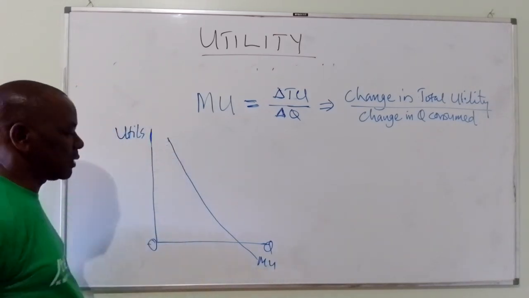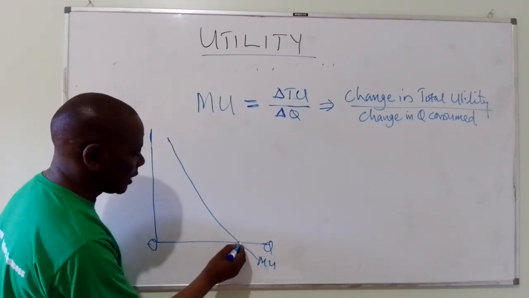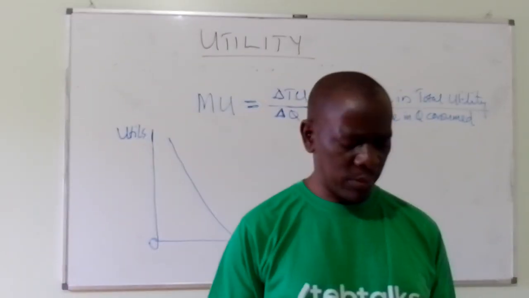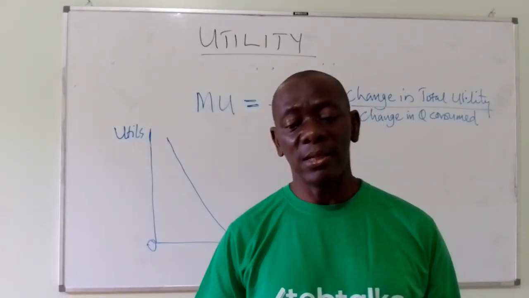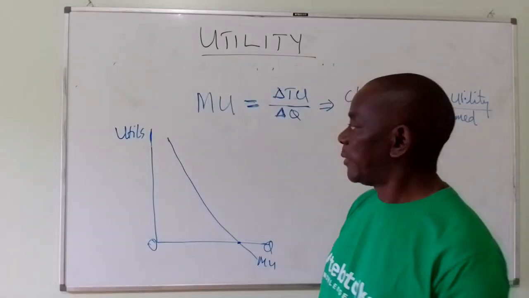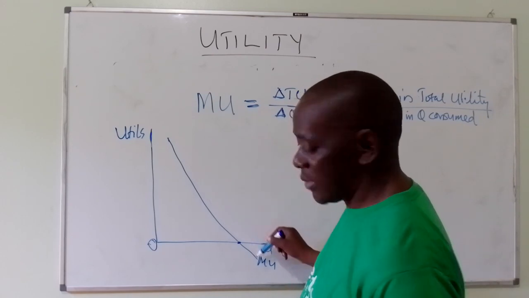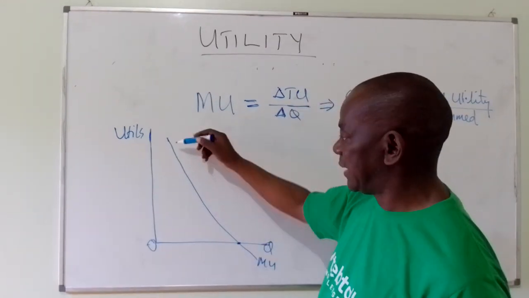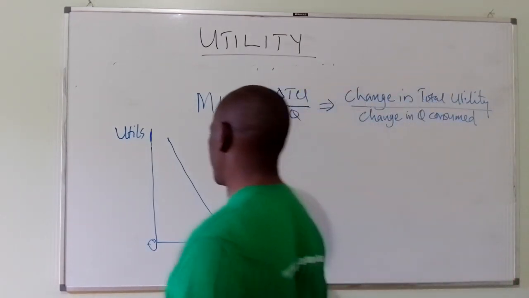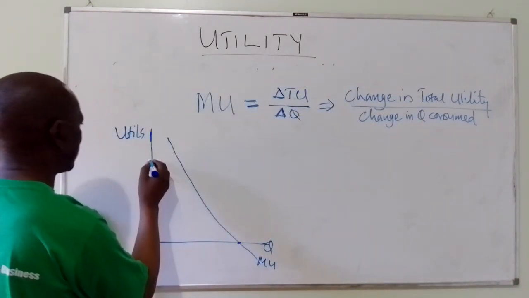This is the marginal utility curve. This point here, where it intersects the x-axis, is indicating 0. That when you are consuming the product, the marginal utility keeps on going down as you consume more of these products.